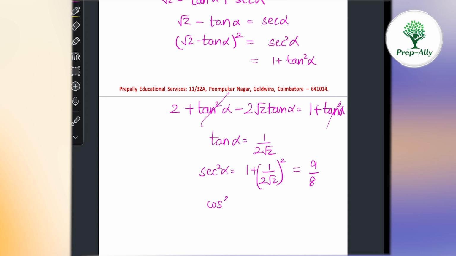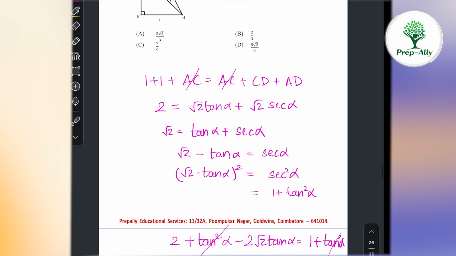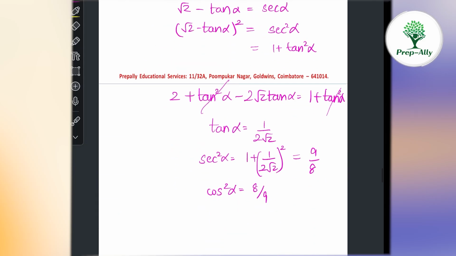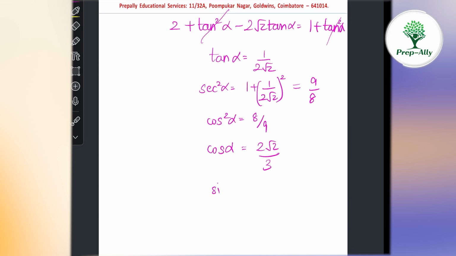So cos square alpha equals 8 by 9, and because we are only dealing with acute angles, cos alpha equals 2 root 2 by 3, and from here sin alpha equals square root of 1 minus 2 root 2 by 3 the whole squared, which equals square root of 1 minus 8 by 9, or square root of 1 by 9, which is 1 by 3.